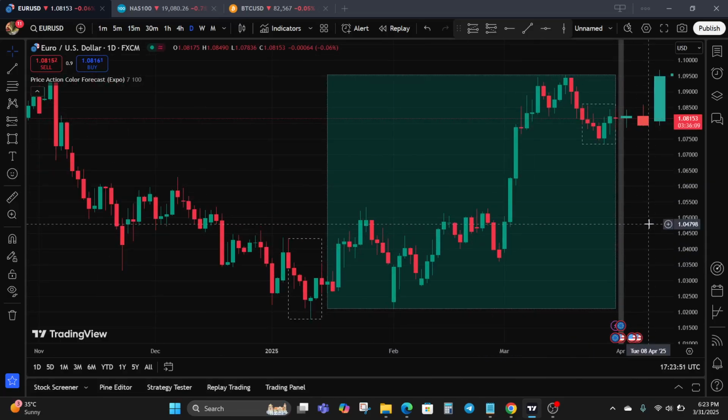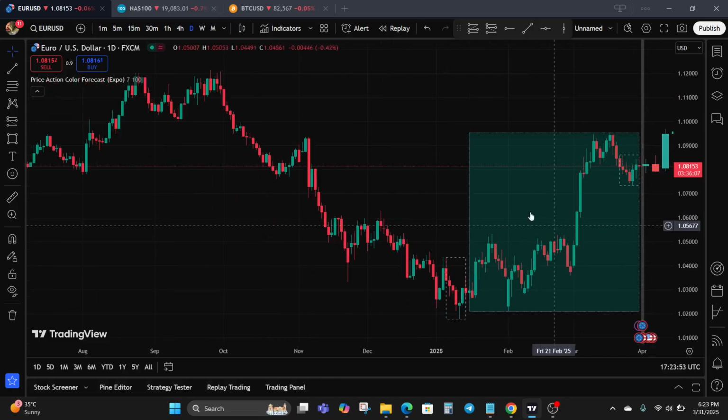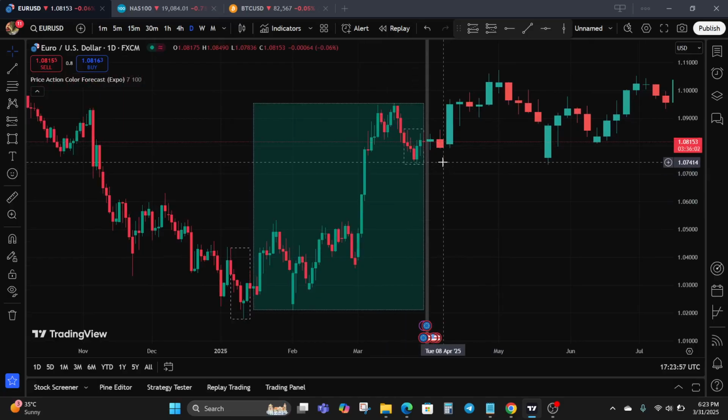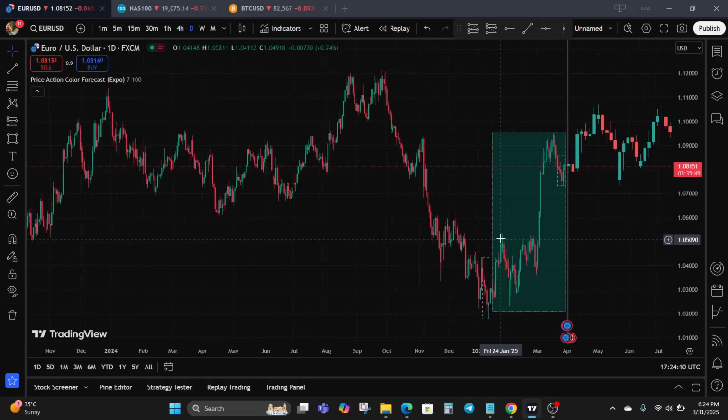So the Price Action Color Forecast indicator is designed to help traders anticipate price action shifts based on real-time market dynamics.